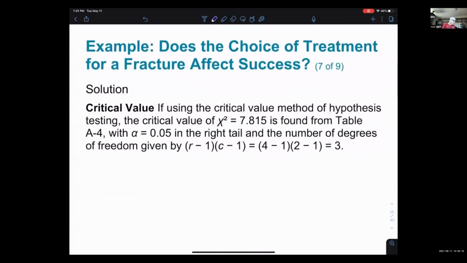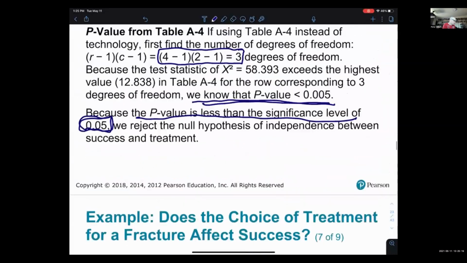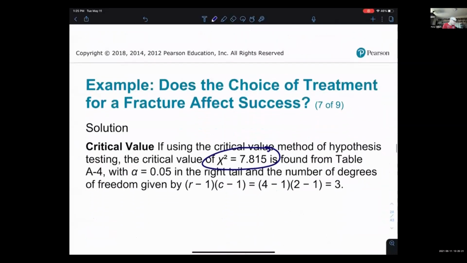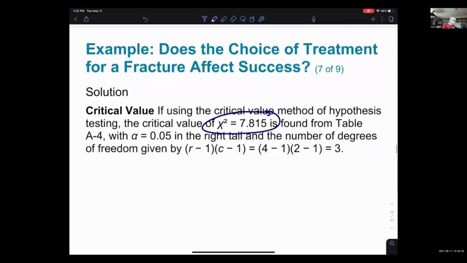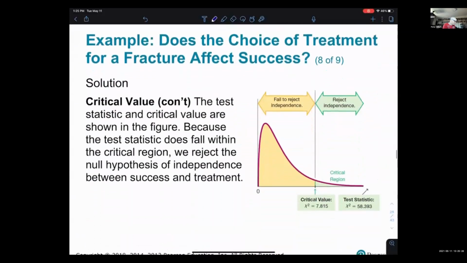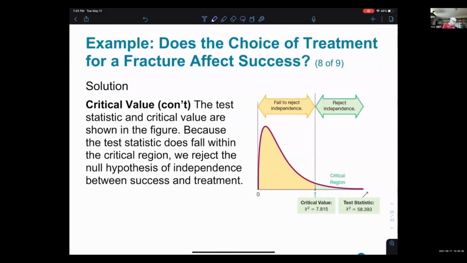Using the critical value method, the critical value displayed by the technology came out to be 7.8. And the actual test statistic was like 58. So that's beyond the critical value, in the critical region, and therefore we would reject the null. This little diagram says our critical region is defined here by the critical value, where alpha is equal to 5%, meaning that 5% of the area is to the right of that point.